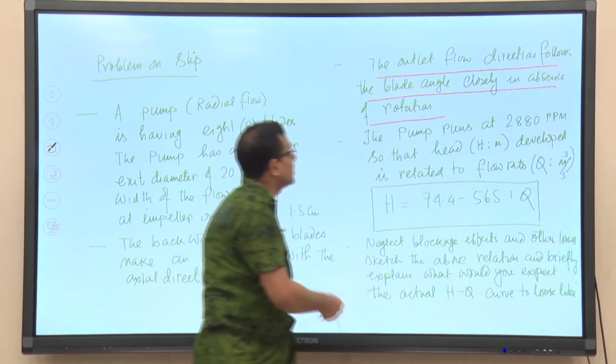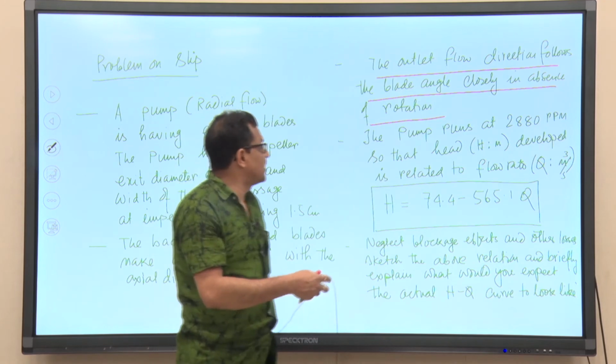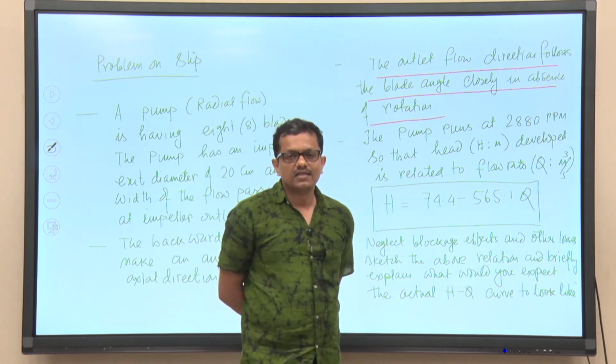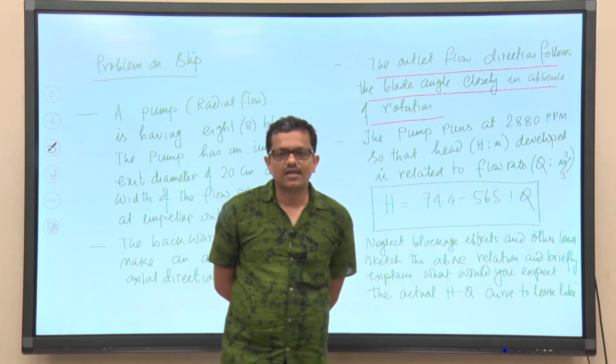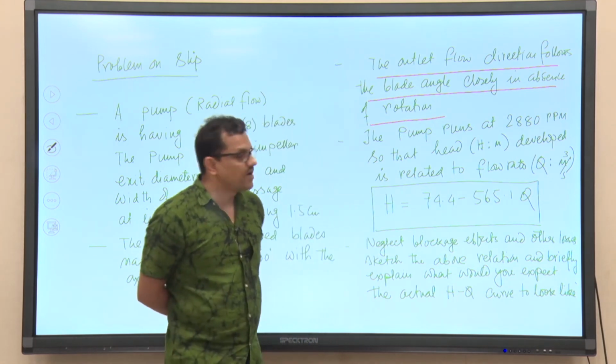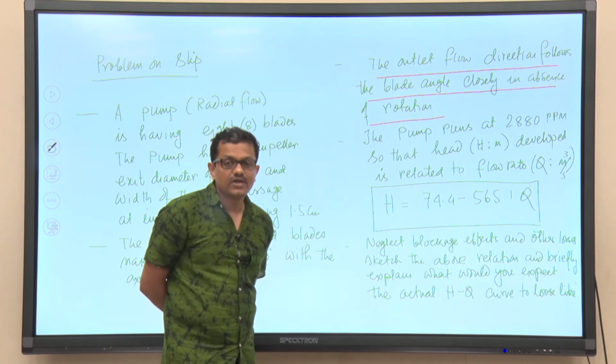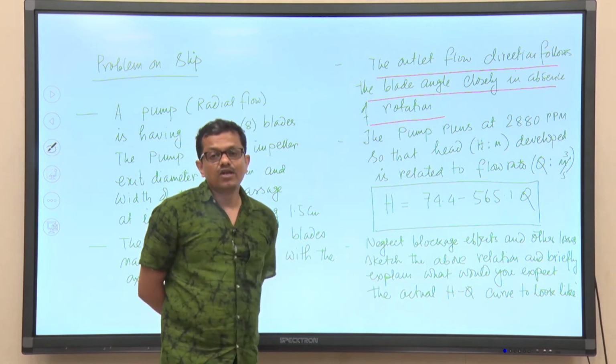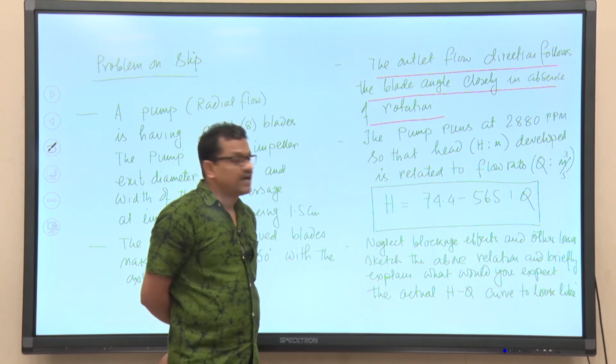It is given that the outlet flow direction follows the blade angle closely in absence of rotation. This statement in a way gives us a clue that when the pump starts to rotate, the outlet flow direction will not follow the blade angle.